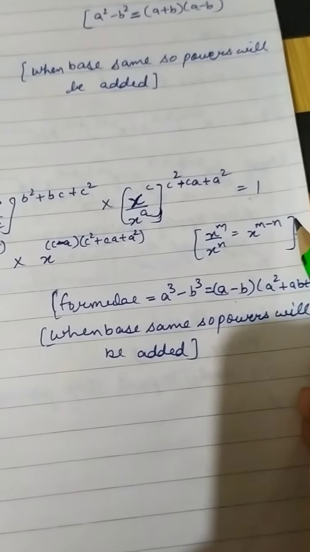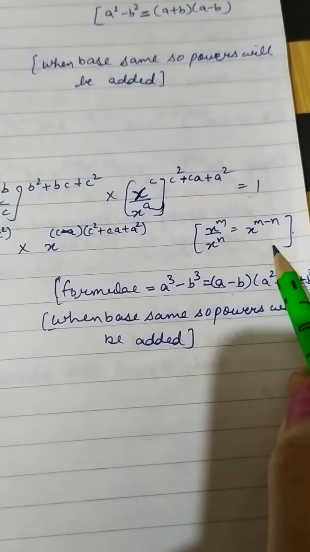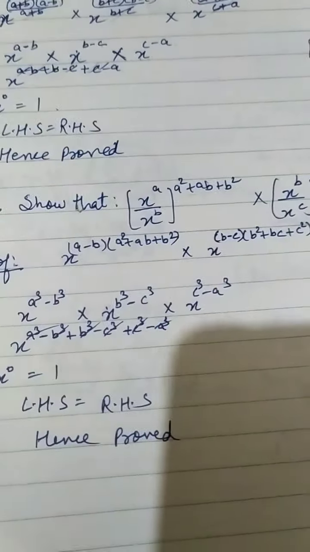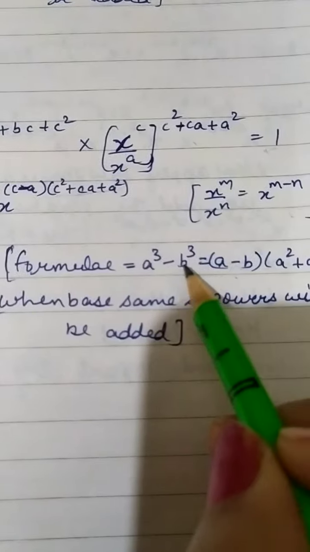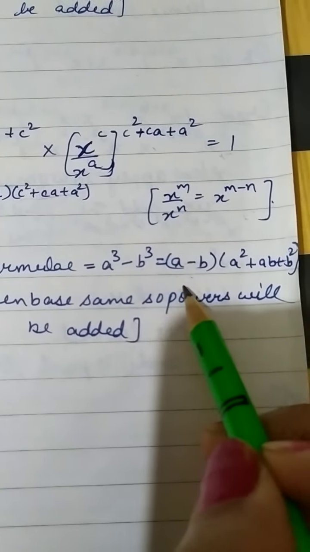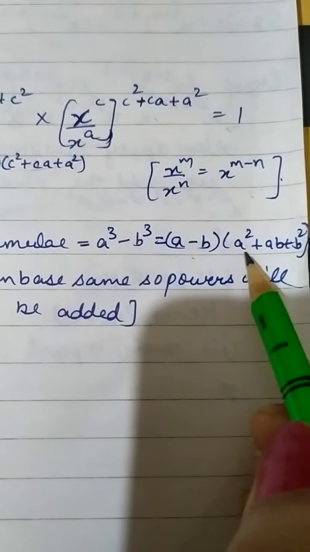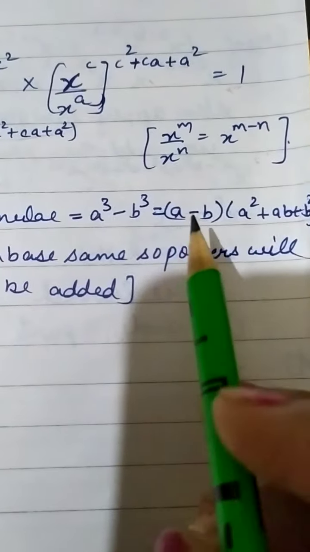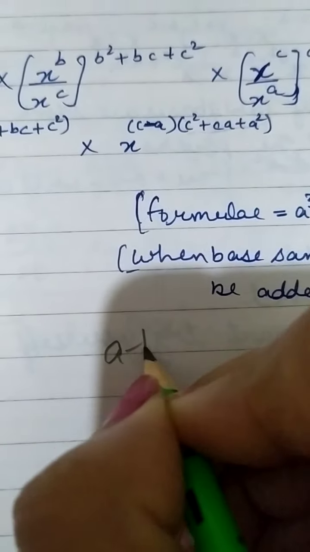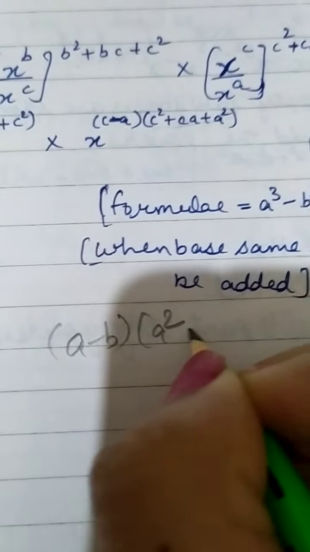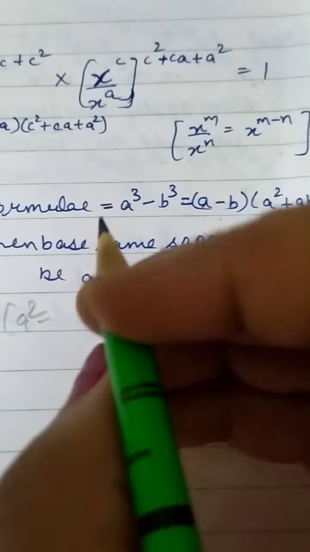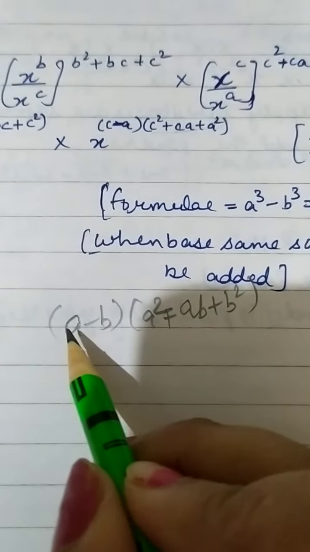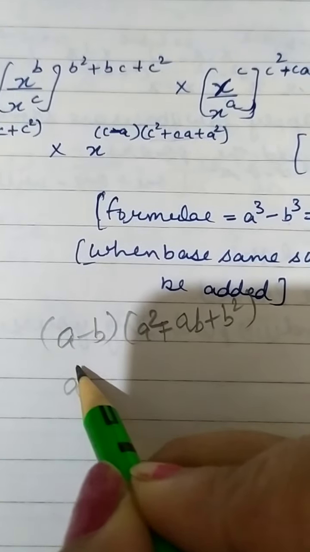You have to state the law here. Don't forget to state the law. Then one more formula is there, children, that a cube minus b cube equals a minus b into a square plus ab plus b square. If we open this formula like this, a minus b into a square plus ab plus b square: if we multiply a into a square, it will be a cube.